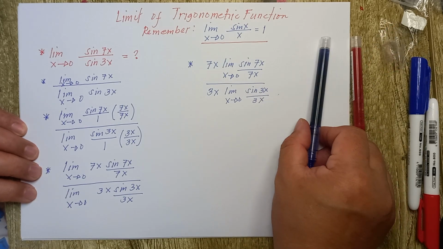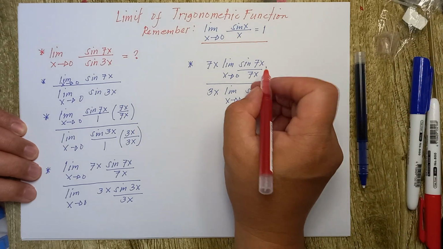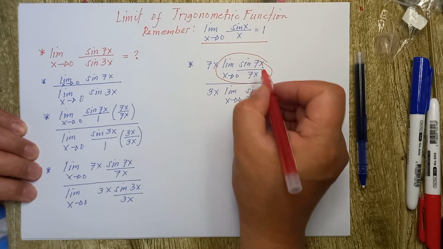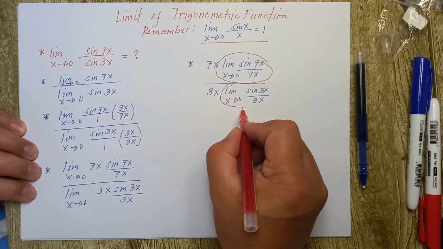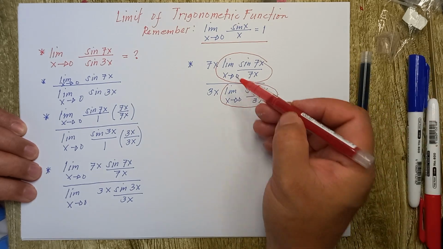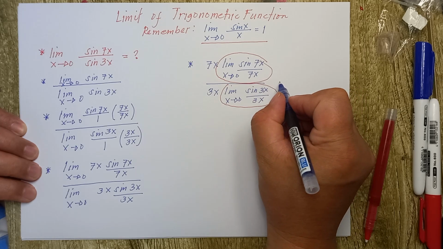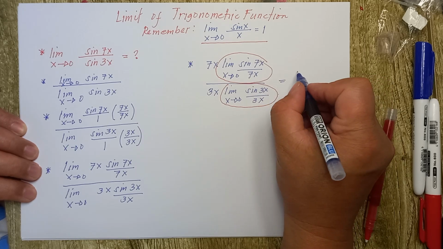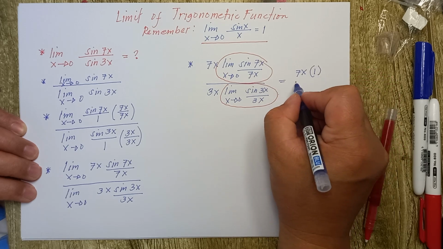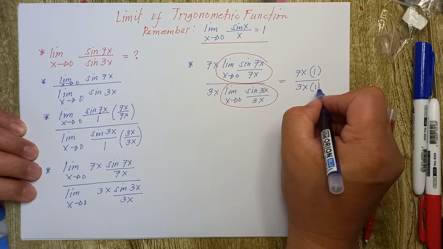Now notice in here, this part, its application now is we can apply now the theorem. So the result of that one is 1, the result of this one is 1. So we have now the result, which is the same as 7x times 1 over 3x times 1.